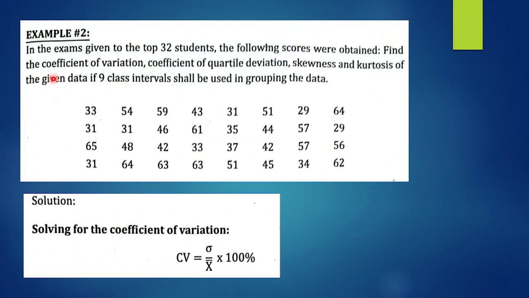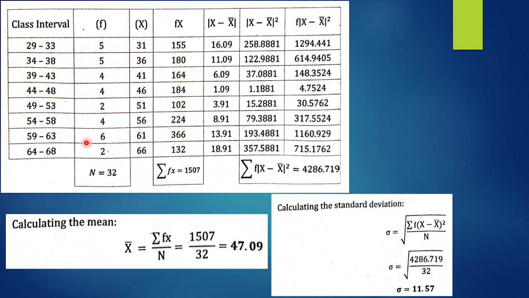So, let's check. 29 is the lowest, and the highest is around 65. Okay. 64 to 68.